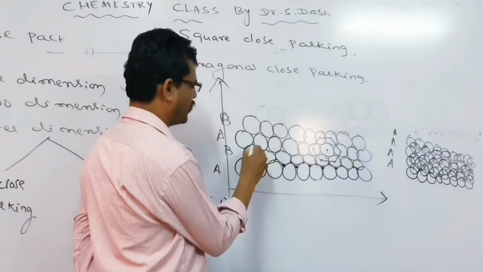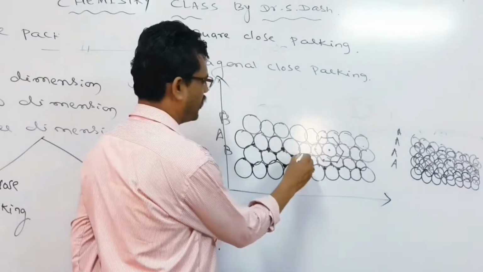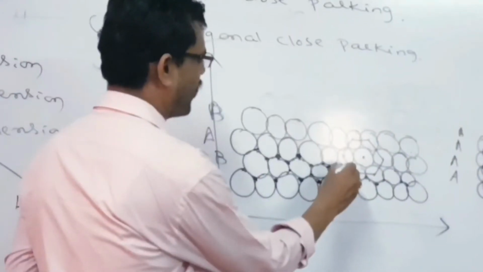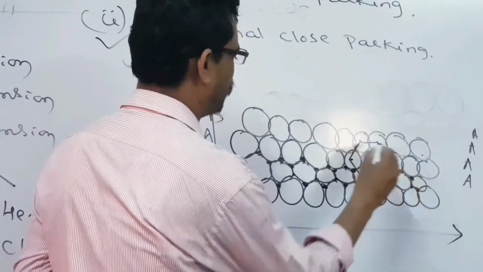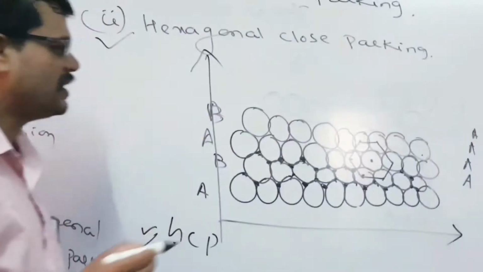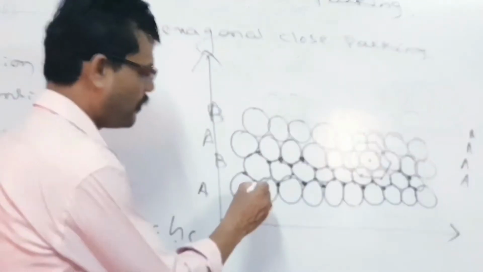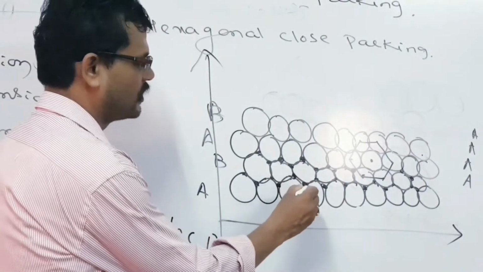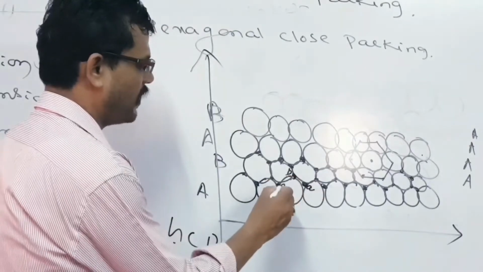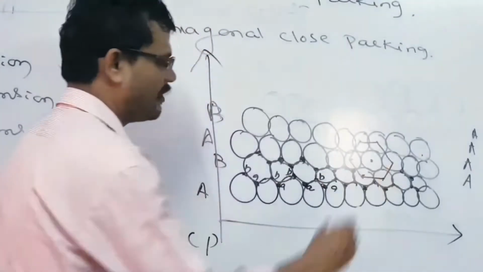We can say one is A, another is B: B, A, B, A, B. So in this AB arrangement, there is one type of void and another type of void, just like A, B, A, B, A, B.